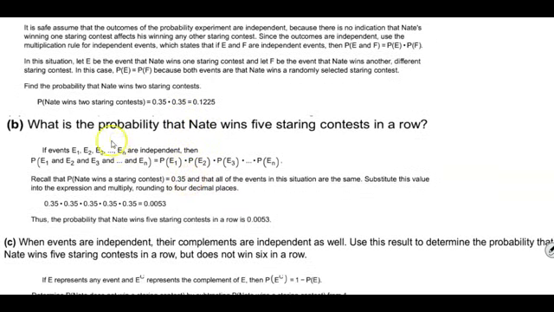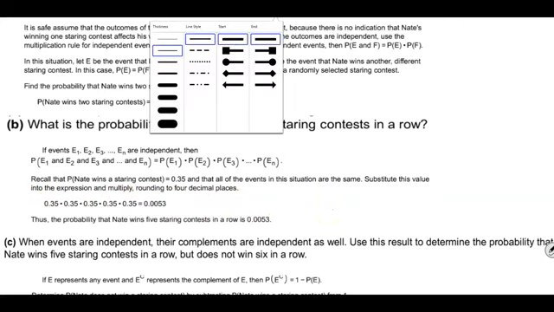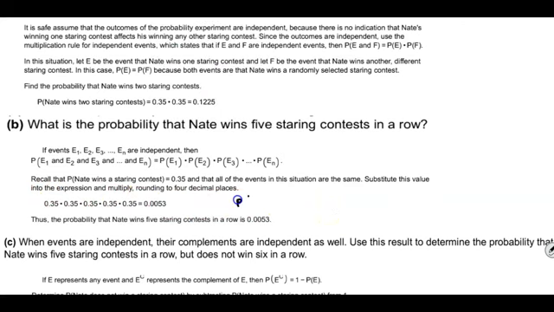Now for part B, it says, what is the probability that Nate wins 5 staring contests in a row? So the probability that Nate wins 5 staring contests is equal to the probability of that event times the probability of that event again, times the probability of that event the third time, the fourth time, and the fifth time.